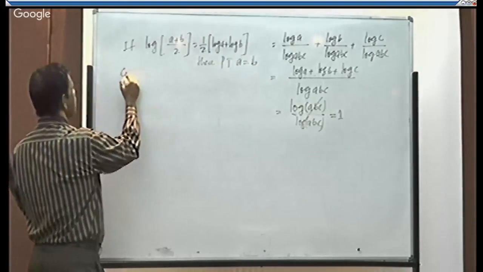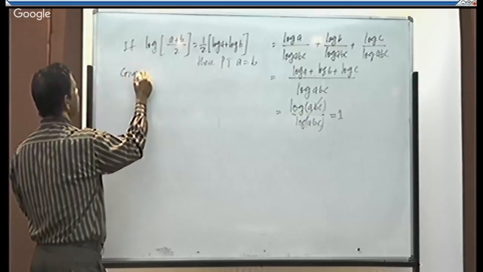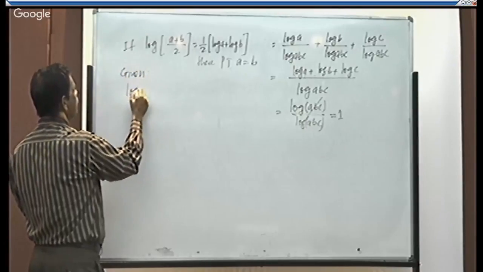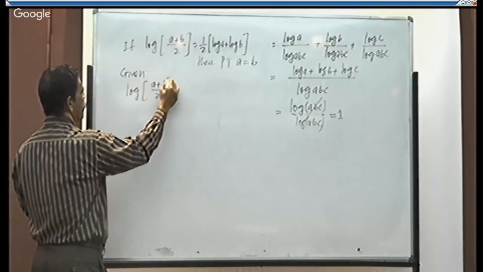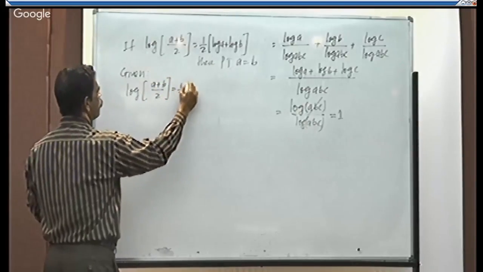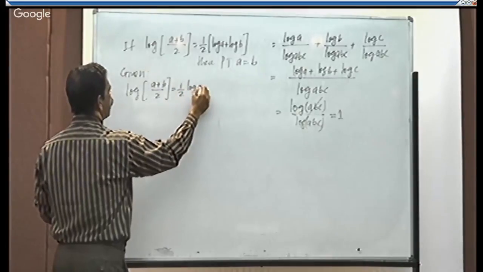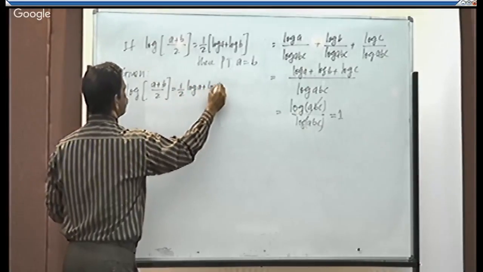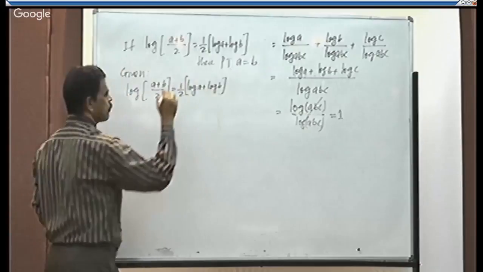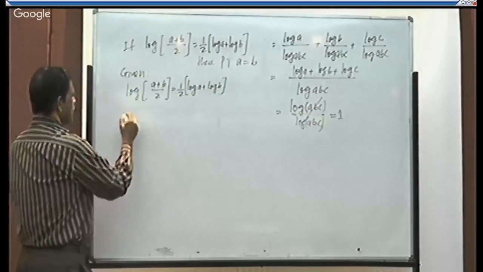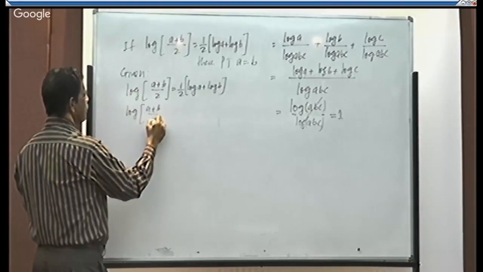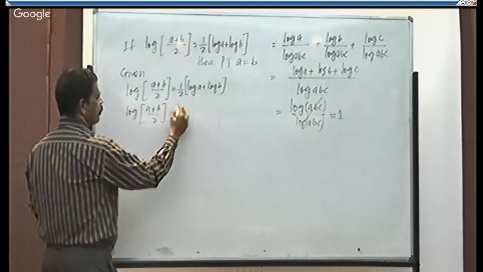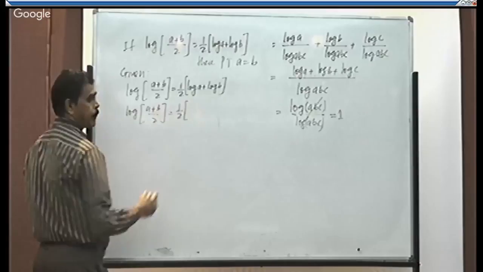Let's take the given condition: log of (a plus b) divided by 2 is equal to 1 by 2 into (log of a plus log of b). Take the right hand side in simplified form. I am taking 1 by 2 as it is.